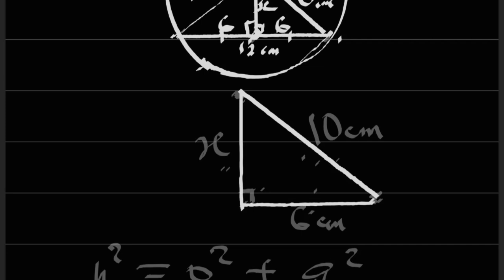We have a triangle here. You can see from here to here is 6. This is our 6. Here to here, that is the hypotenuse, which is 10. That's the radius. And then here to here, that is what we are to find. I can use Pythagoras. What did Pythagoras say?